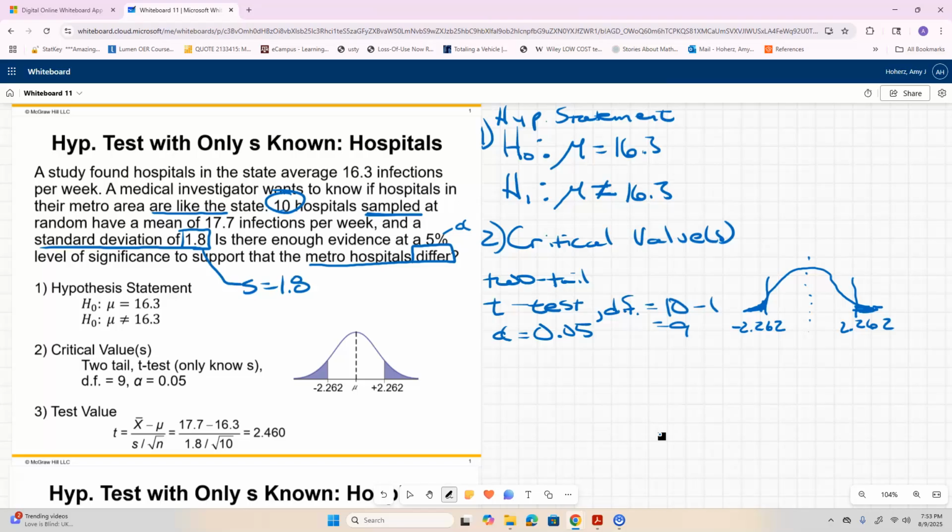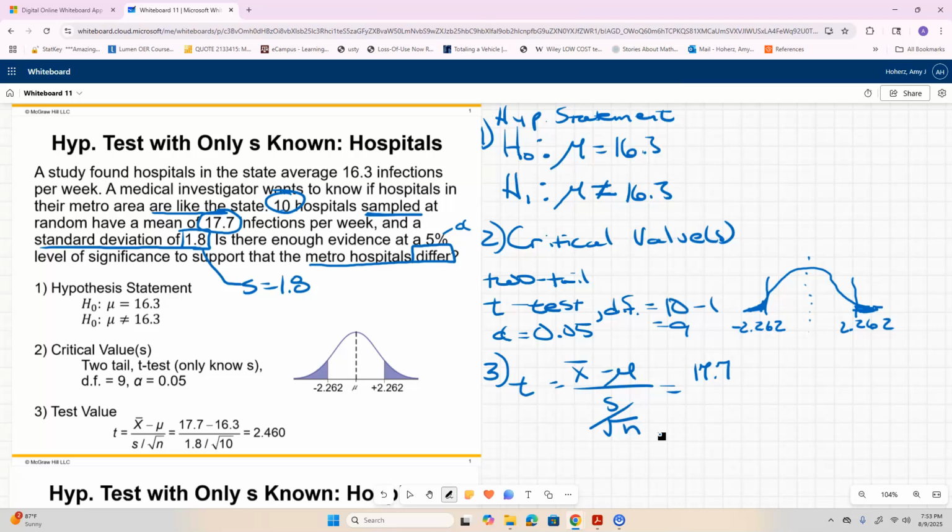Then we're going to do our test value. And our test value is going to be t equals x bar minus mu over s over square root of n. So our x bar was the average that they got from the sample. And that was 17.7 infections per week.